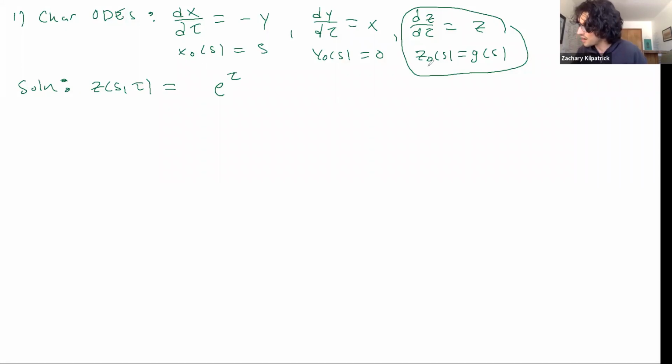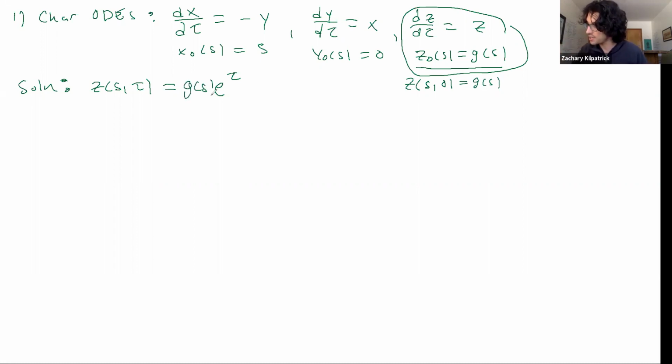So what should that constant be? g of 0. It seems like it should be g of 0, but remember that we've solved something where we have z of s, 0 is equal to g of s, and we're really treating s like a constant.